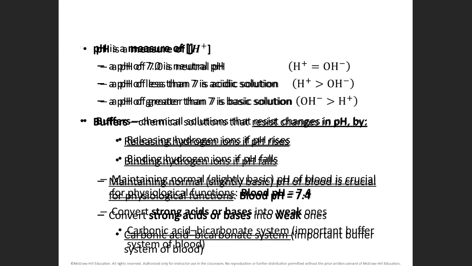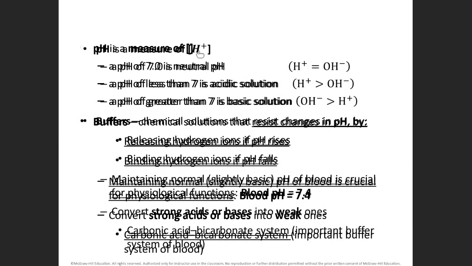This slide is blurry, but I want you to highlight this slide. This is a really important one. Kind of hard to see, but I think I can get through it. Acids and bases can be measured by something known as pH. pH is a measure of the concentration of hydrogen ions in a solution.